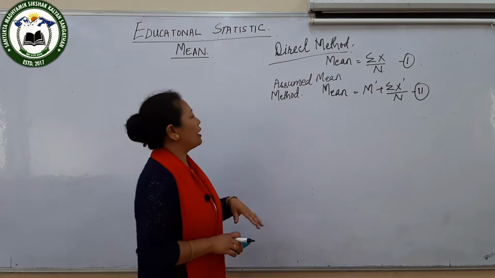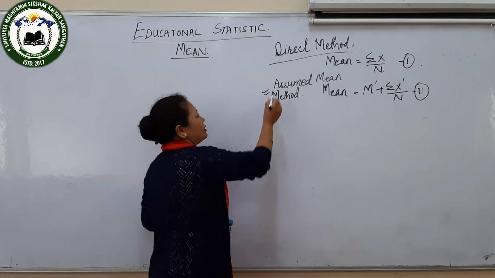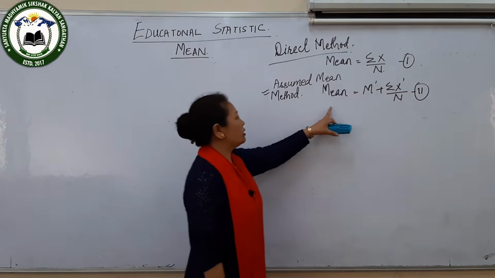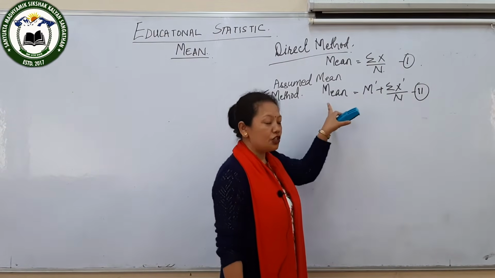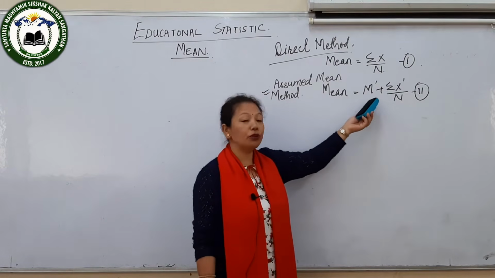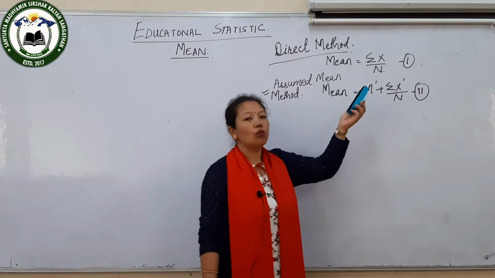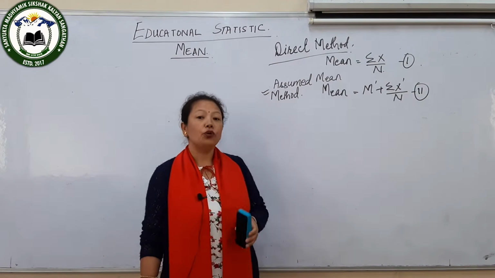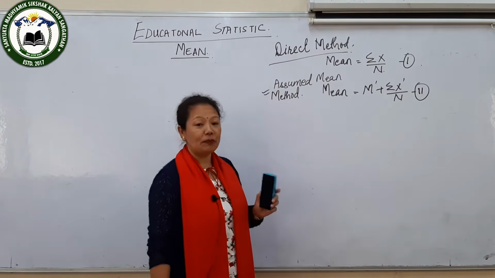In a similar way, we followed another method which is called the assumed mean method, and the formula for the assumed mean method uses m dash. I hope you remember, we took one number as our assumed mean to find out the real mean.